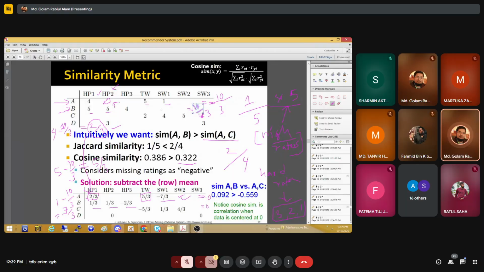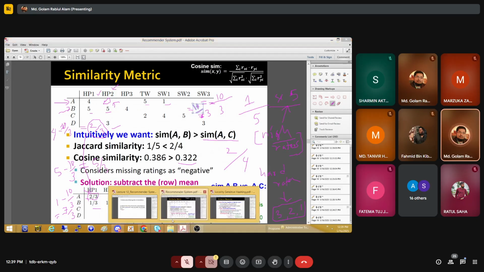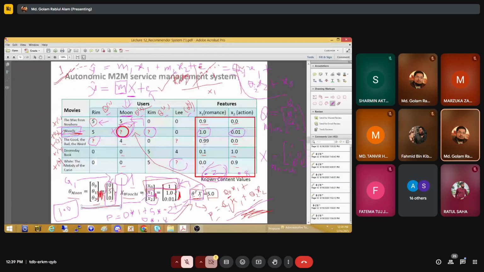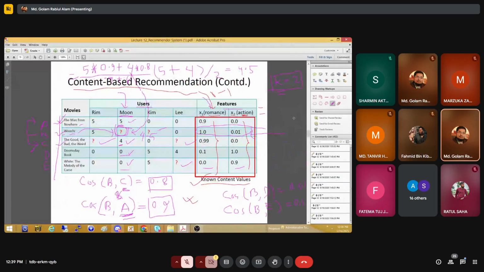But now we can see that actually we don't need the features here. In the case of collaborative filtering, we don't need to know the features of each and every movie. Like in our previous example, in content-based recommendation systems, we need the features of each and every movie.